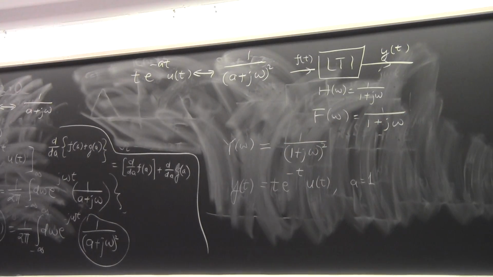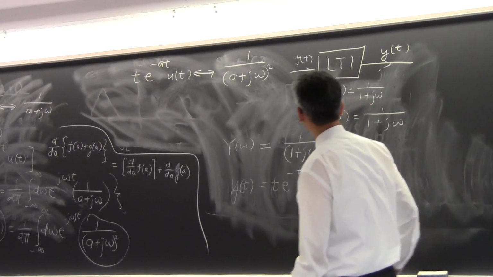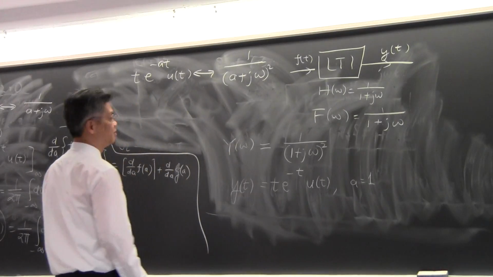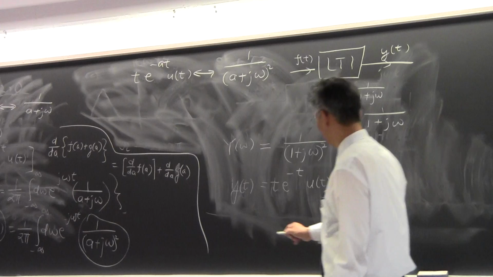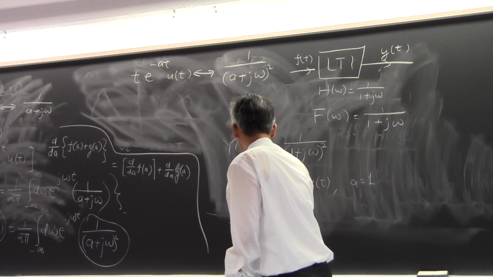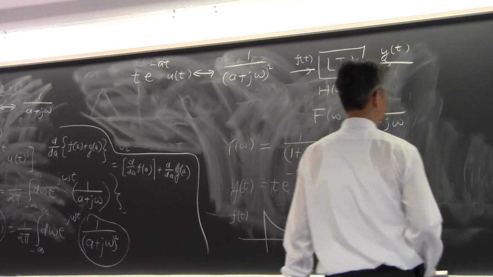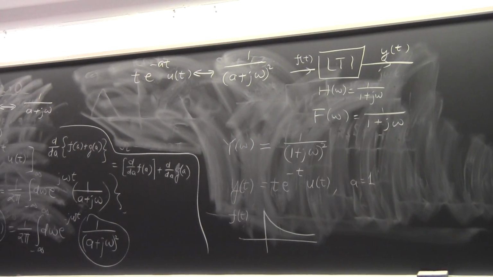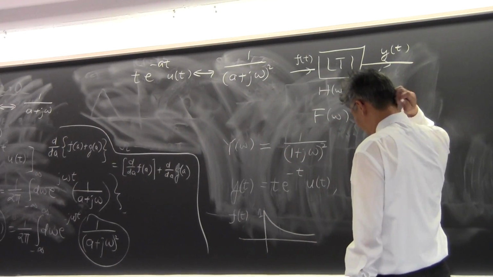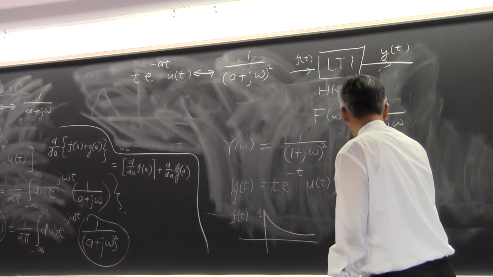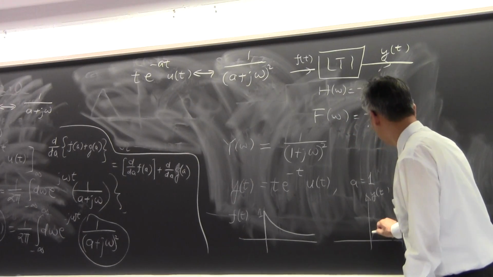y of t looks something like that. So what it says is that if the input f of t looks something like this, a decay with the value of 1 over here, then the output y of t will be given by this formula.